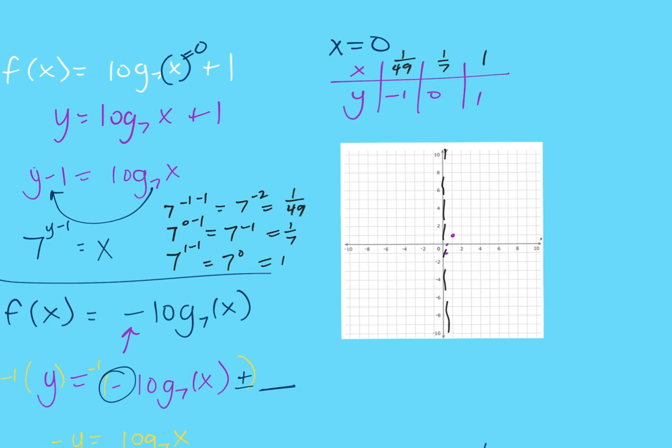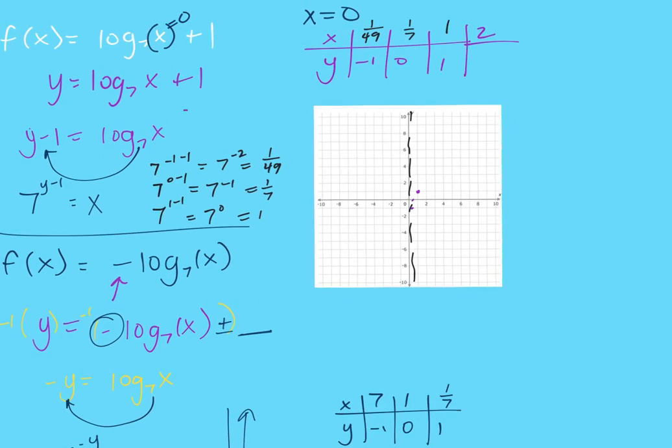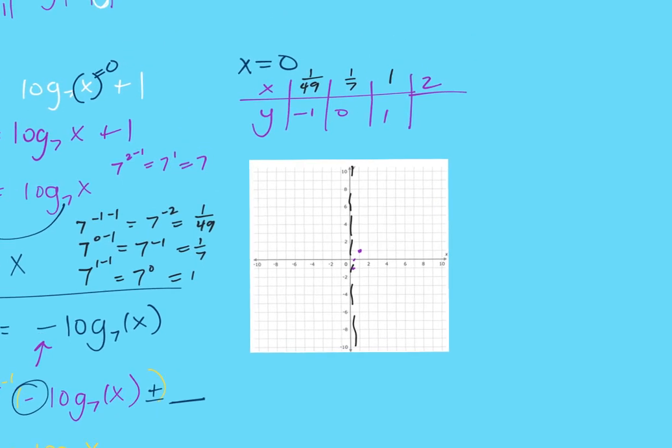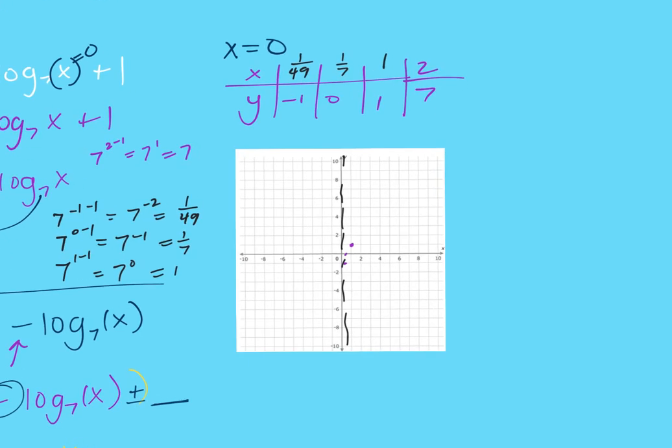You might want to do 2. I might want to keep going and plug in 2 and see what happens. But I know that my curve has to take that shape. So if you wanted to plug in 2, I would get 7 to the 2 minus 1, which is 7 to the first, which is 7. Oh, I plugged in for y.